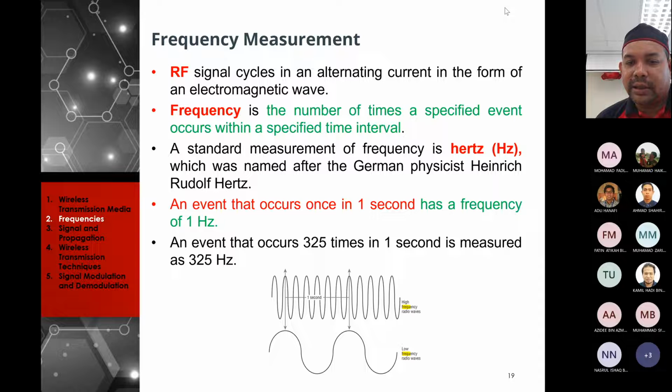Kalau ada 1 trillion dalam 1 second, kita panggil dia terahertz. Tera lah kan. Okay. So kalau kata 325 time in 1 second, measure is 325 Hz lah. Ini senang je. 325 gigahertz kan. 325 billion kan.